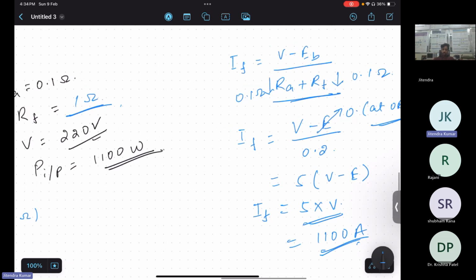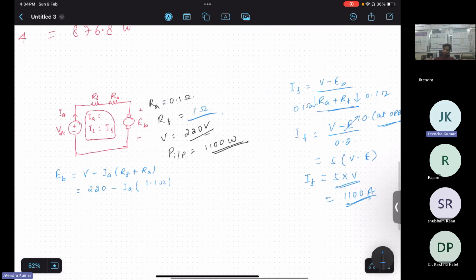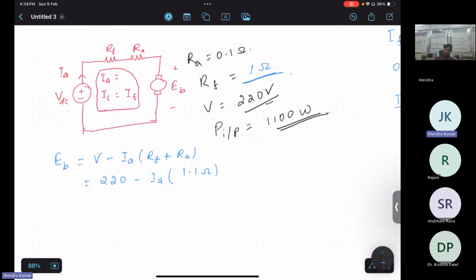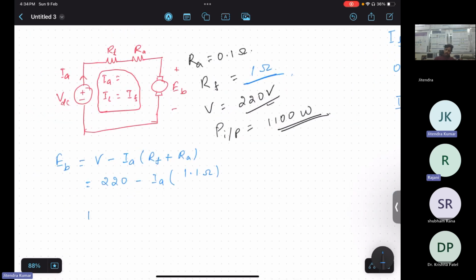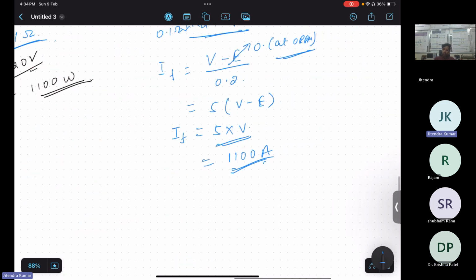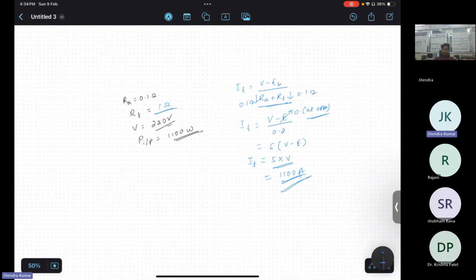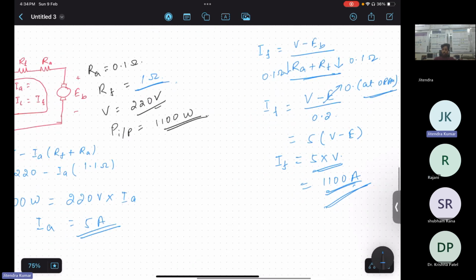This danger is there. And how much is the rated current of this machine? So rated current we will just calculate. We are given 1100 watt as input power. VDC is 220 volt, and IA we can calculate from here. So IA is nothing but 5 ampere. But at the starting, how much is it drawing? 1100 ampere. So that is significantly higher. So that is the issue with the series motor.